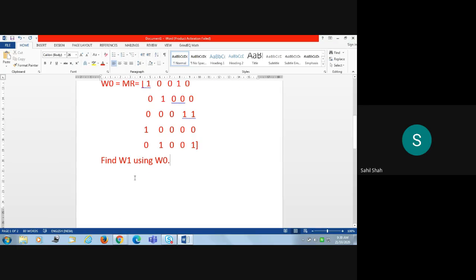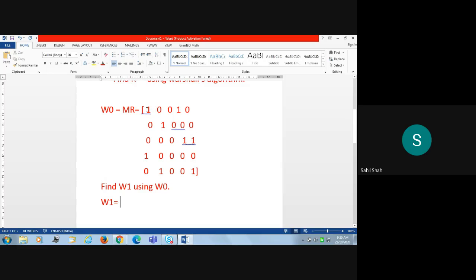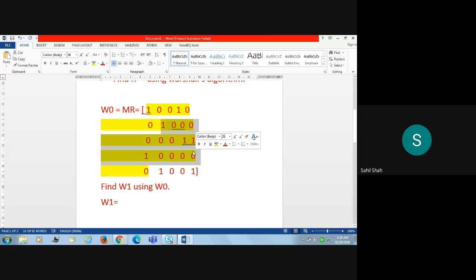So what should I do? Observe W1. While computing W1, I have to consider row number 1 and column number 1 of W0.